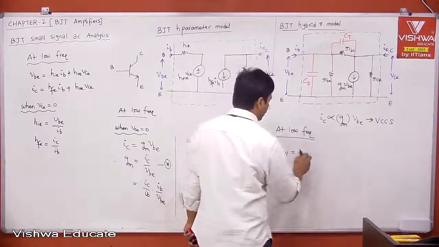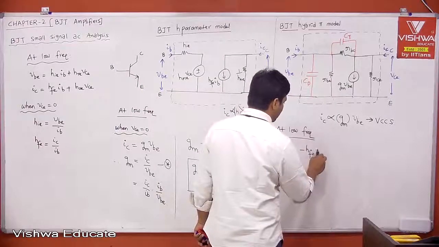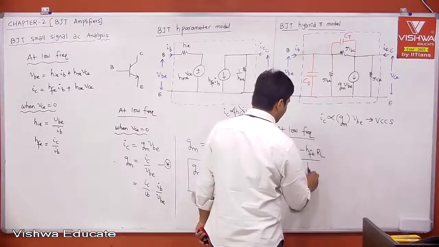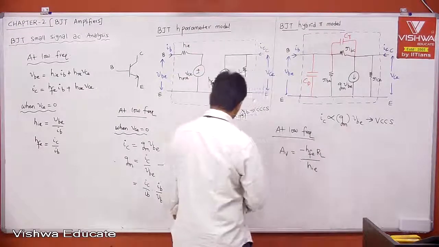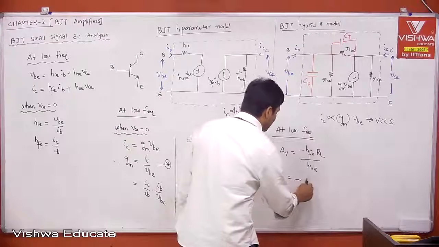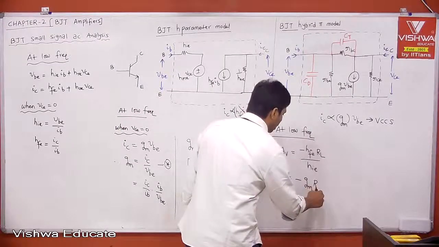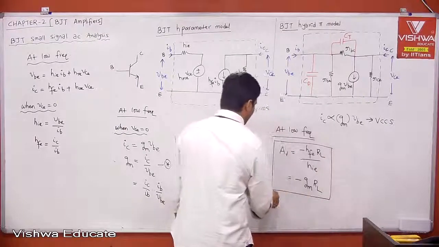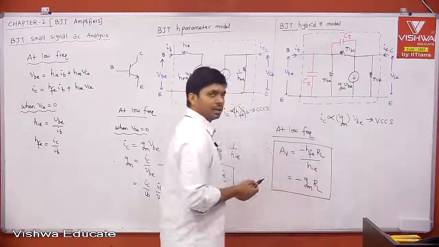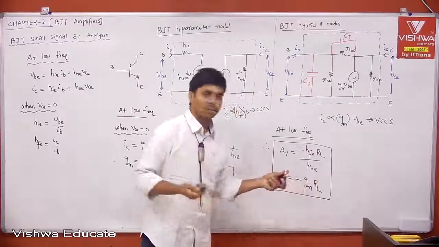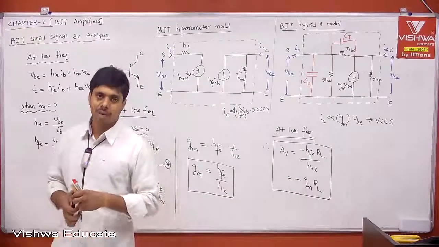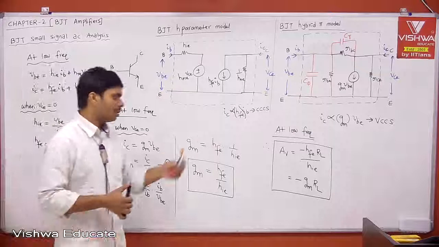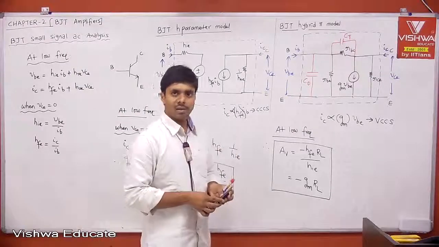AV is equal to minus hFE into RL divided by hie. But what is hFE divided by hie? Which is minus gm into RL. Therefore, you can use either of these two. If h parameters are given, you can use them. If gm is given, you can use it. Anything is fine.